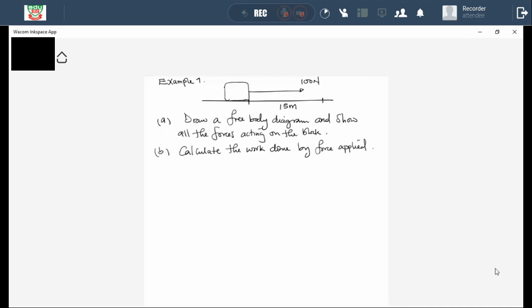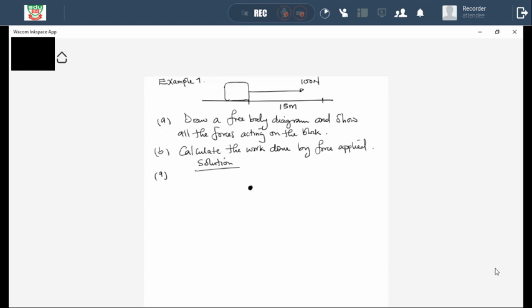Right. So let me do the first one, which is the free body diagram. So this is going to be my solution. Right. So our free body diagram, I put a dot, right? That dot represents the block. Then I must identify all the forces that are acting on the object.